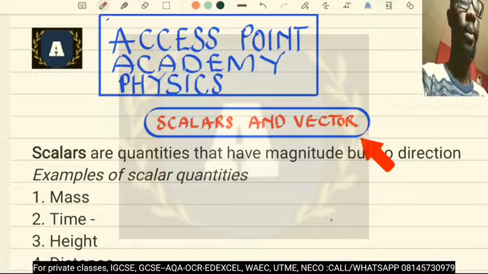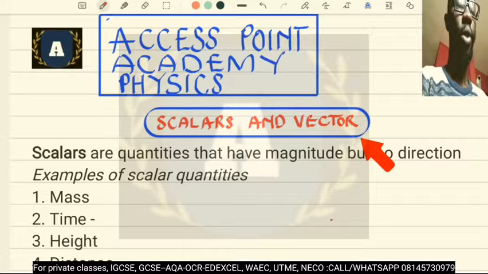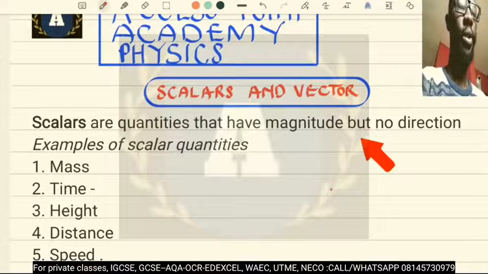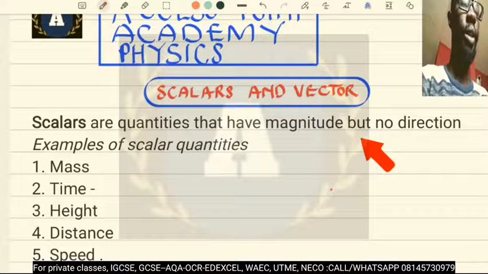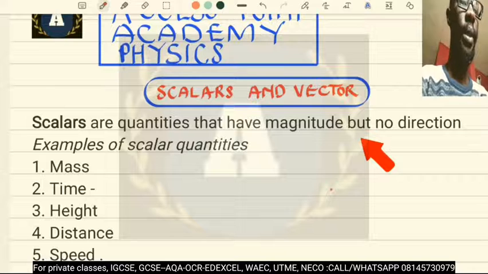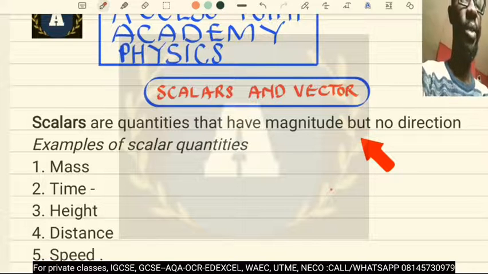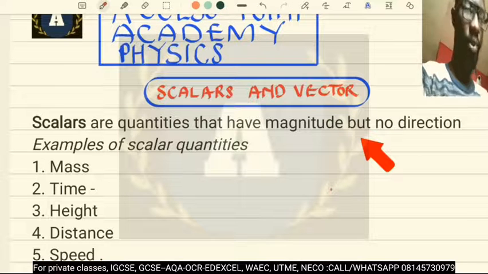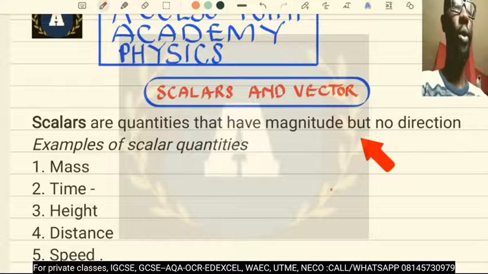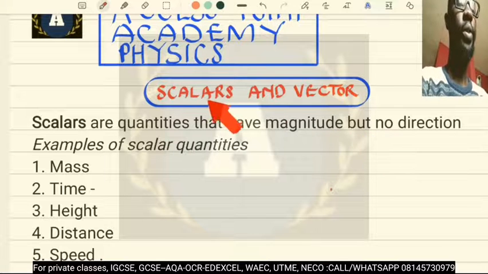This topic covers everything that has to do with any exam, both local and international: WAEC, UTME, GCSE, post-UTME, and other related exams. So we're going to divide this topic into two parts, part A and part B.